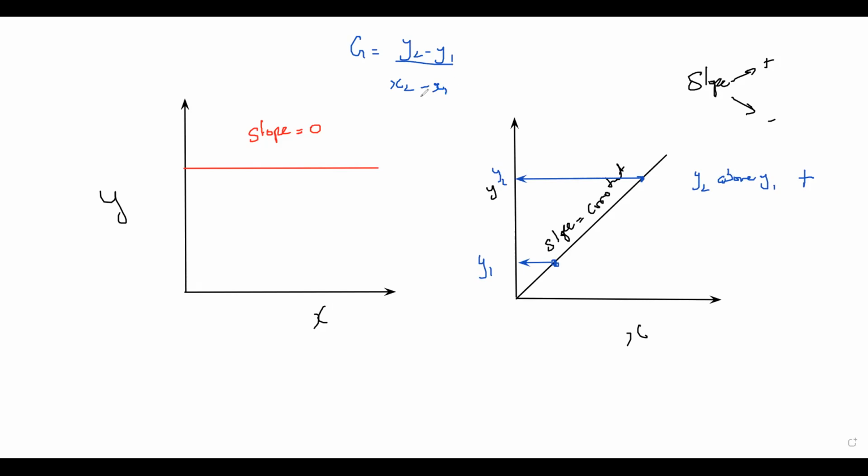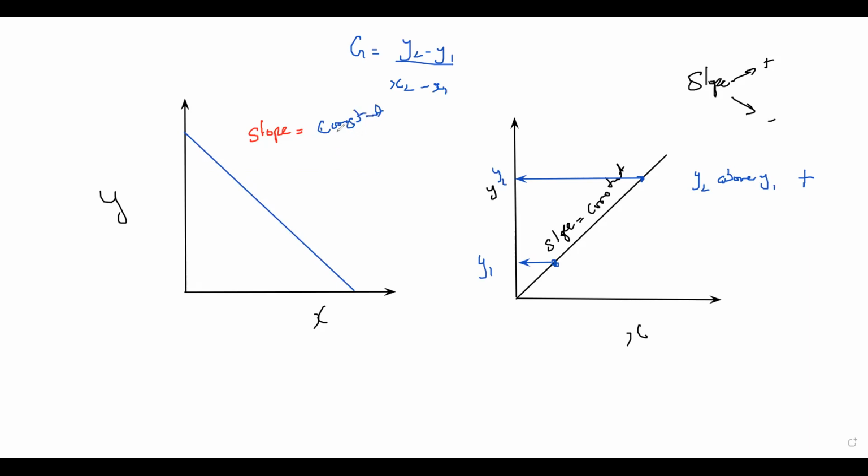But what about the negative example? If we have another graph like this, and we want to identify whether the slope is positive or negative. Because it is a straight line, it means the angle is not changing, so we say the slope is constant. But what about the value of the slope?